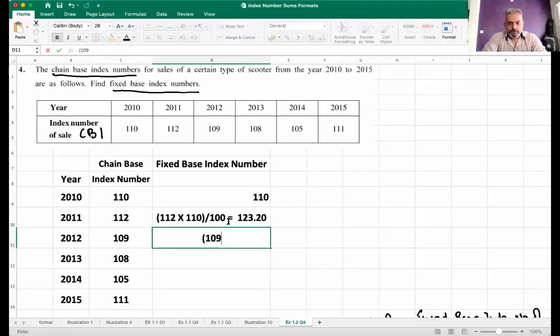Then 109 into 123.20 divided by 100, which is equal to 134.288. So 134.29.